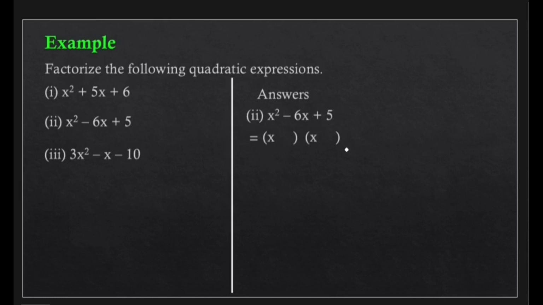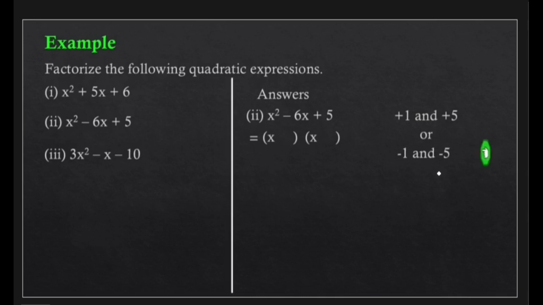So you look for two numbers which, when multiplied, give you positive 5. So this can be positive 1 times positive 5, or negative 1 times negative 5.